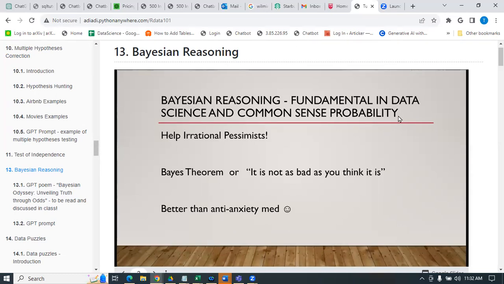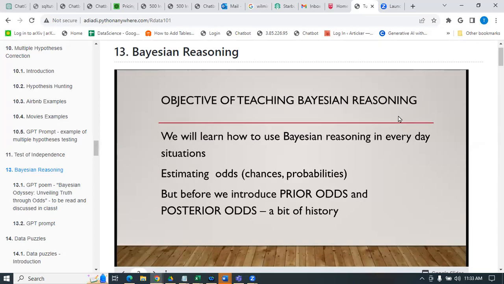First of all, it helps irrational pessimists. In other words, I would say Bayes' theorem: it is not as bad as you think it is. Better than anti-anxiety meds. Why is it the case?